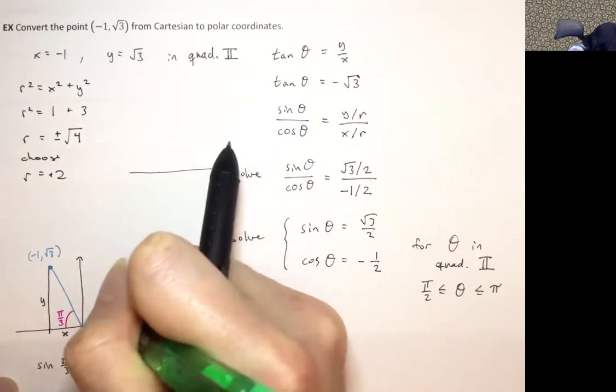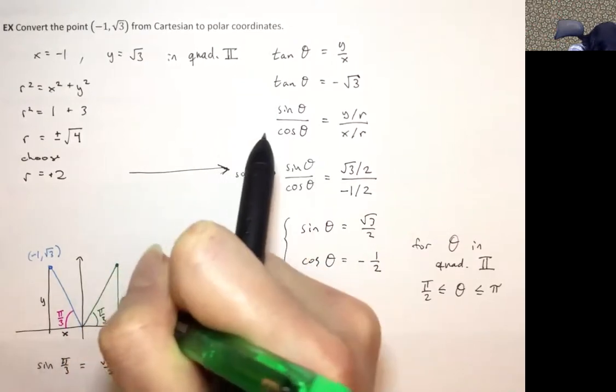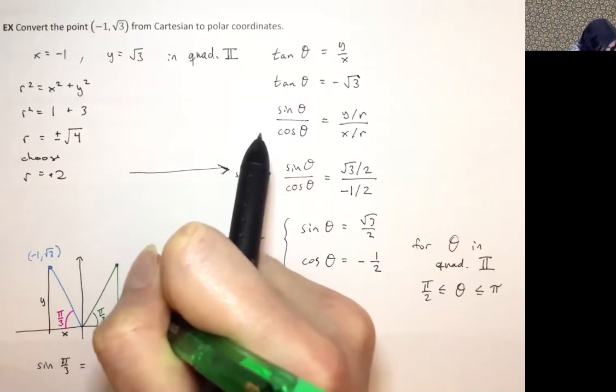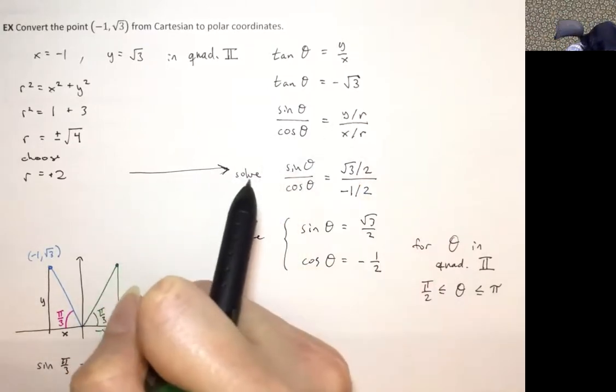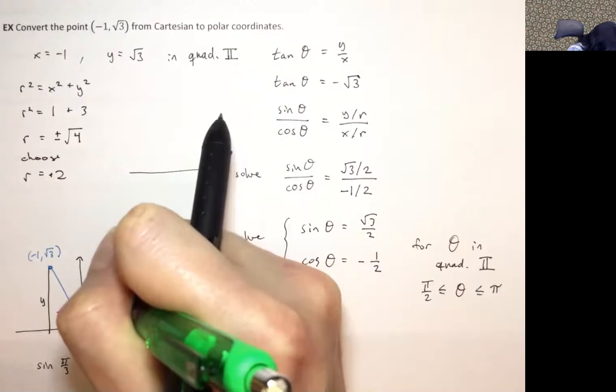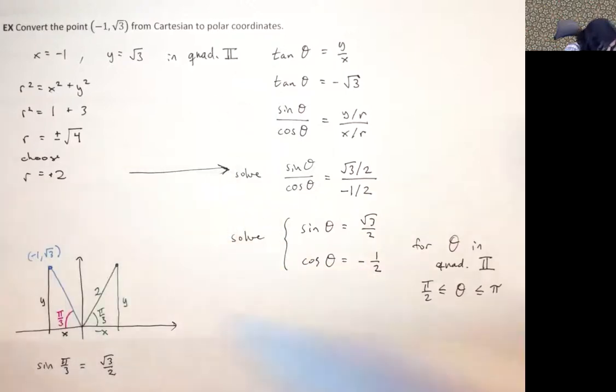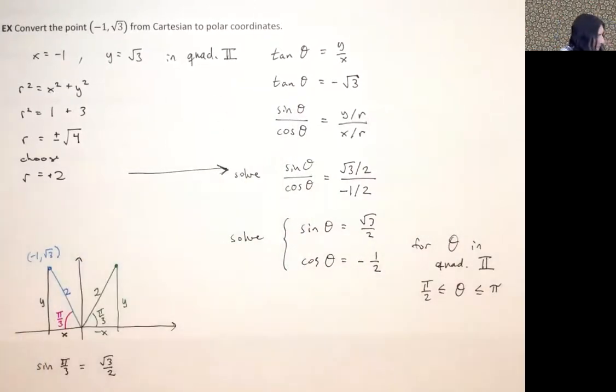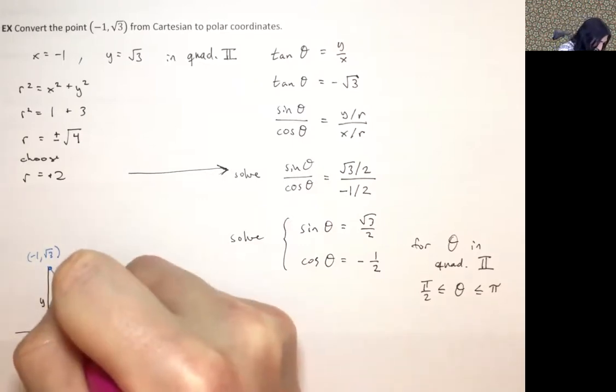Okay, that's positive pi over 3. And our y value, and this would actually be minus x. r is 2. That side is 2 there. Okay. So we don't want theta equal to pi over 3. We want theta equal to pi minus pi over 3. So that we actually get this angle right here.